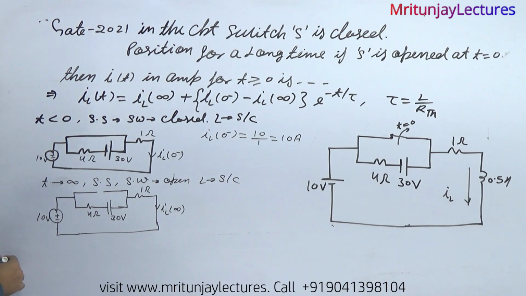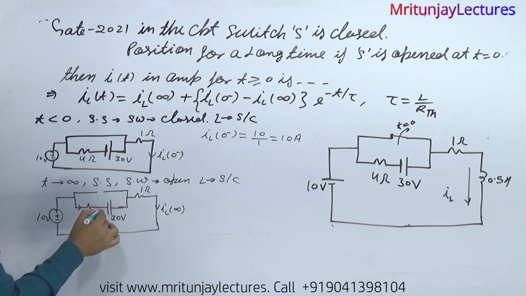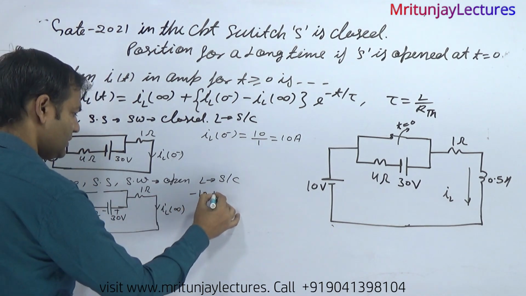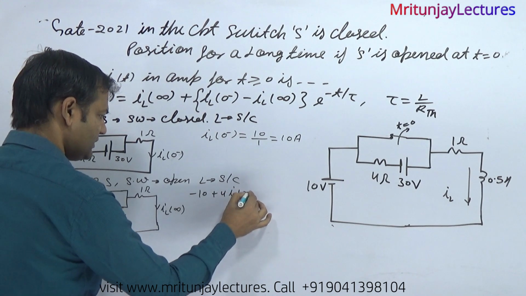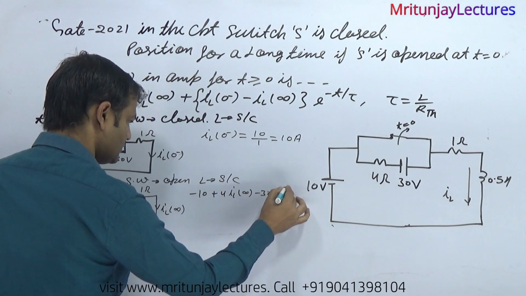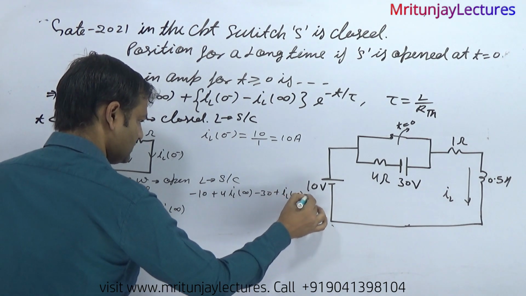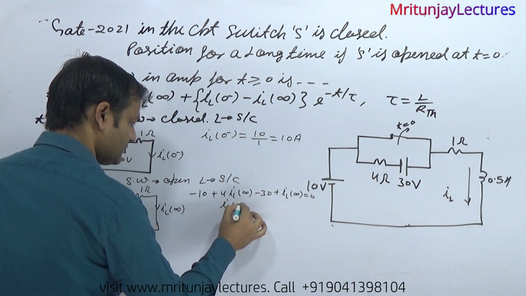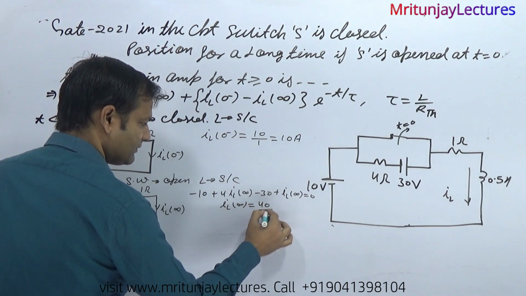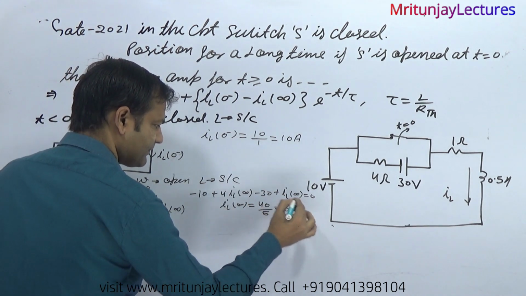Applying KVL: minus 10 volt plus 4 i_L(infinity) minus 30 plus 1 into i_L(infinity) is equal to 0. So i_L(infinity) is equal to 40 divided by 5, that is 8 ampere.